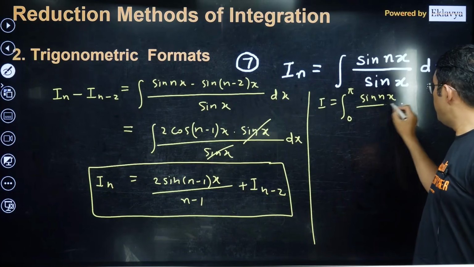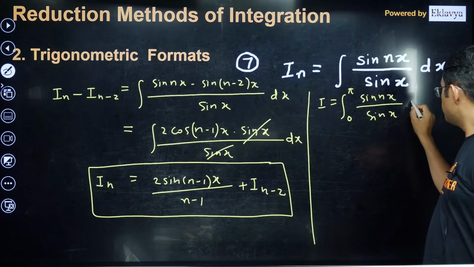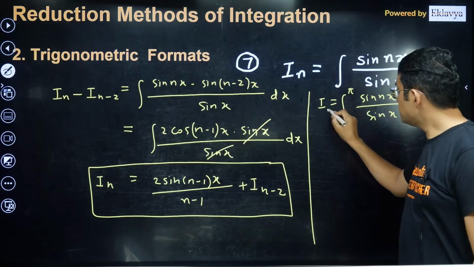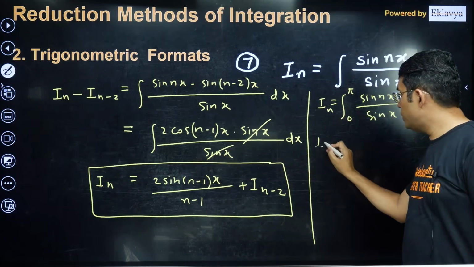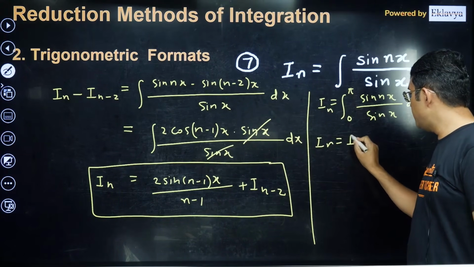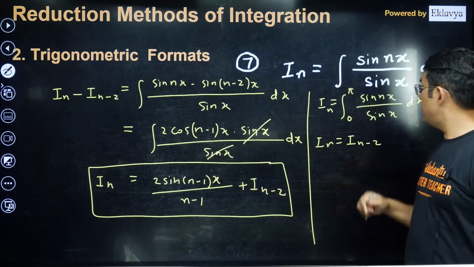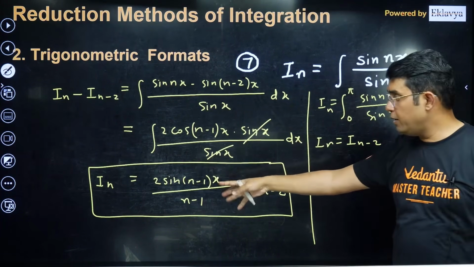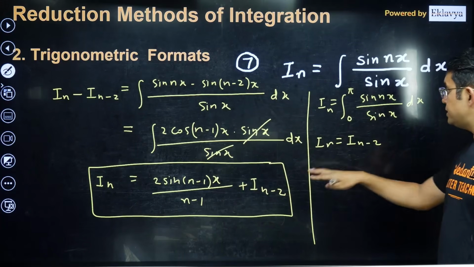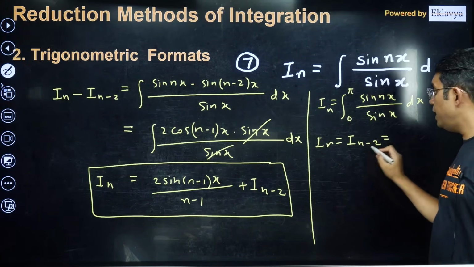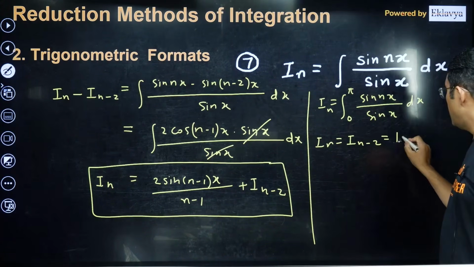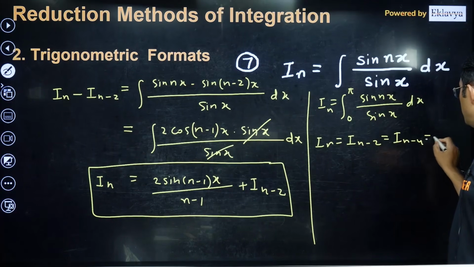You can see if it is from 0 to pi, then this I n will be equal to I n minus 2, because this term will be 0. N minus 1 will be an integer, so sine pi, n pi or whatever pi, it will be 0, and sine 0 is also 0. So all of I n minus 2, I n minus 4 are equal.